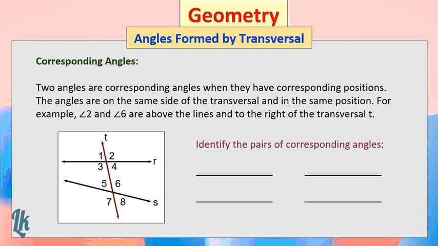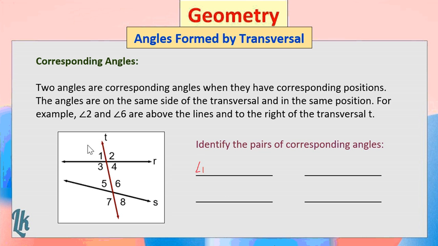Now, when two lines are cut by a transversal, there are 8 angles that are formed. They can be considered as corresponding angles. Two angles are said to be corresponding angles when they have corresponding positions. That means the angles are on the same side of the transversal and they are also in the same position. For example, we have angle 1.